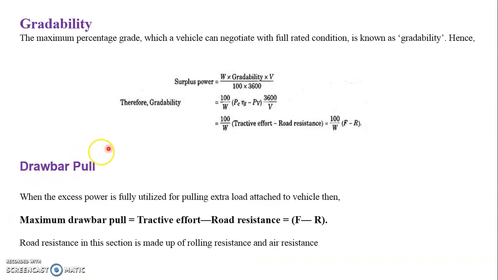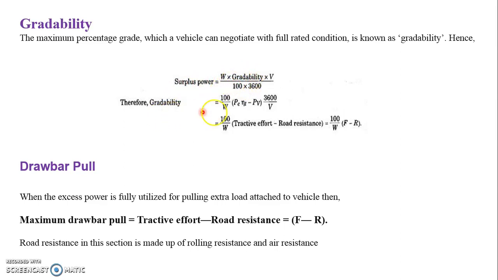If excess or surplus power is not available, then it is very difficult for the vehicle to negotiate this gradient resistance and go along a steep gradient or sloped road surface. Getting? So surplus power is equal to W into gradeability into V divided by 100 into 3600. This surplus power is utilized to overcome the gradient resistance.